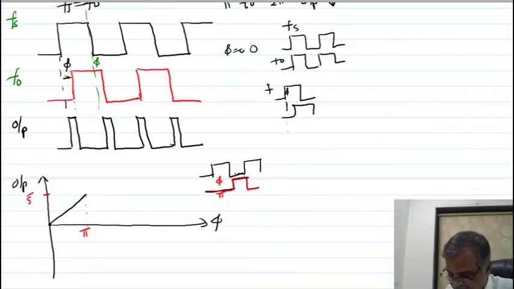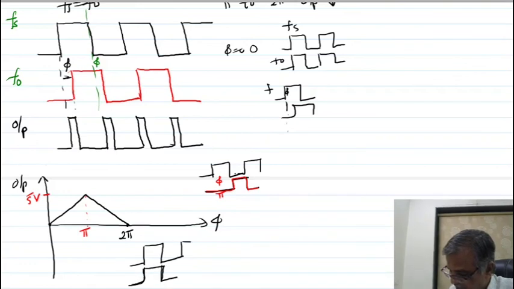If your VCC is 5 volt, I can add 5 volt. When the phase increases again from pi to 2 pi, the output voltage decreases. At 2 pi, the output is 0. 2 pi means like this, this is called 2 pi, same phase.